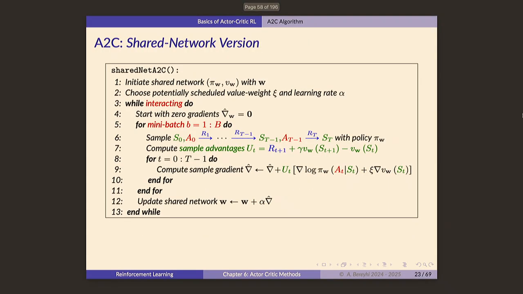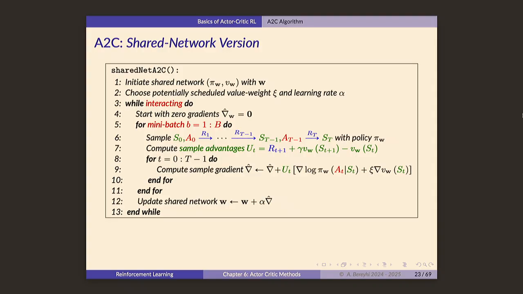Great. So if you just merge them together and make a shared network, then you're going to have the same algorithm as before, but now you're going to have just a single gradient, right? So you sample, you compute the advantage using the value head, and then to compute the gradient, you go over your trajectory.